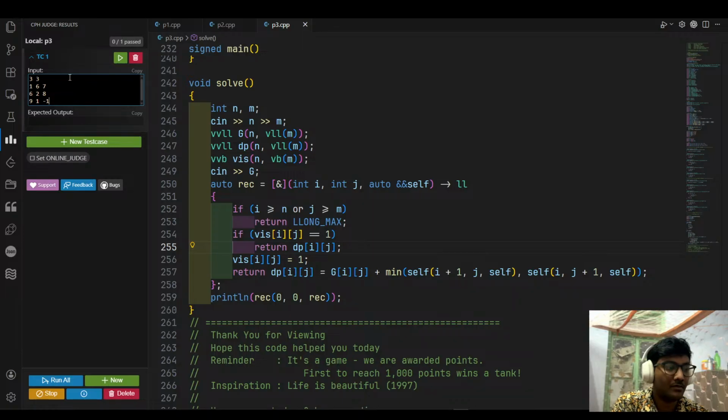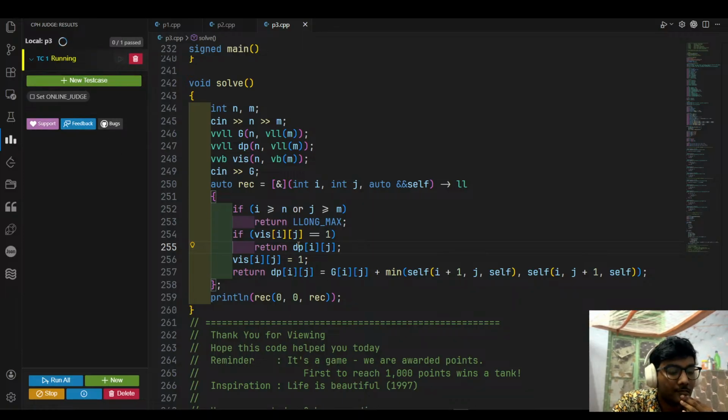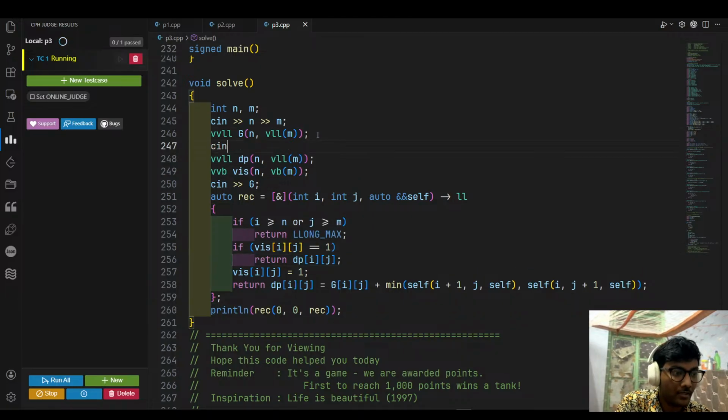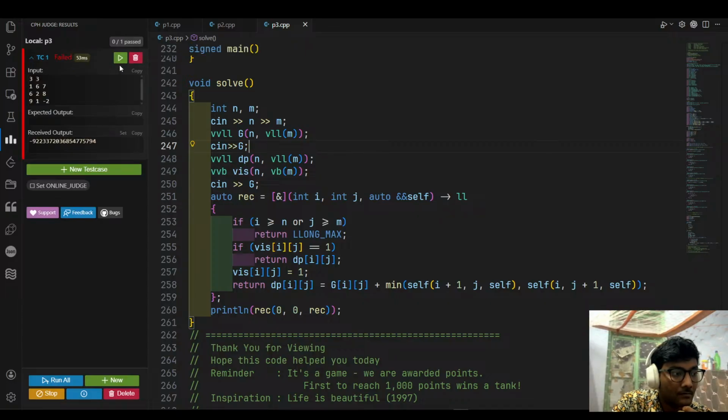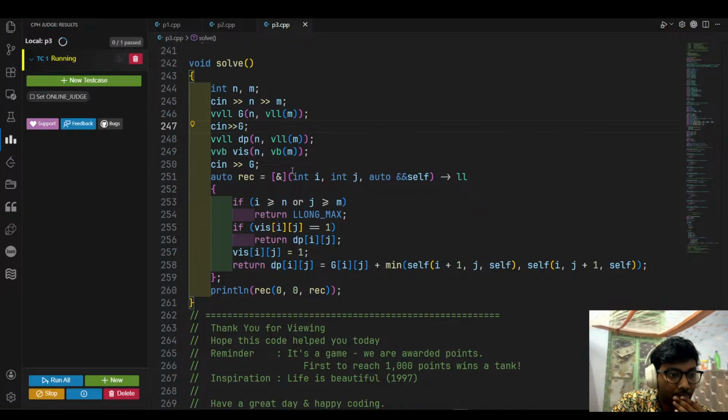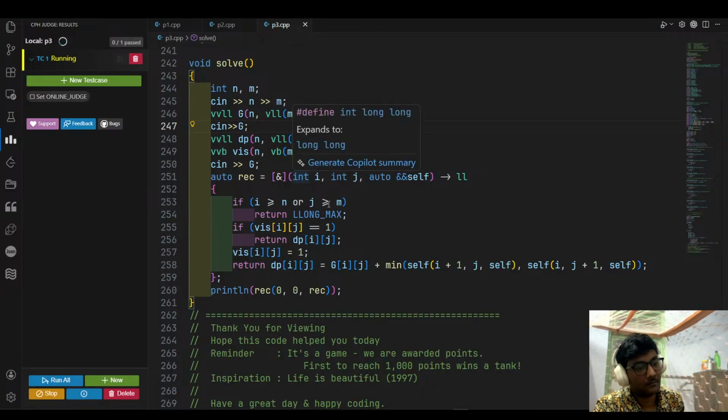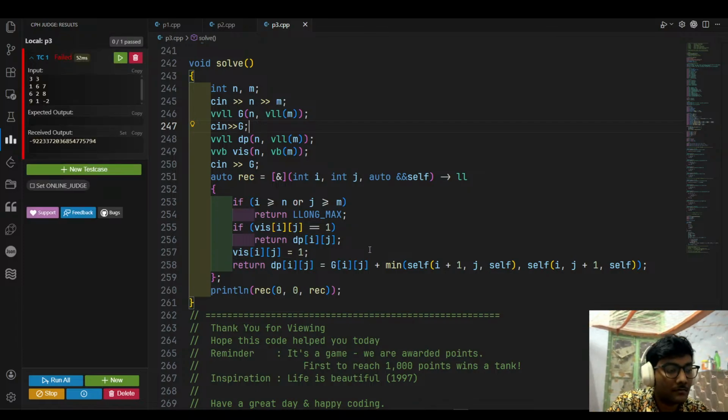And minus 2. Okay, I think I have to enter this g as well. Otherwise, the answer will be 0. Okay, I think I have made some mistake.